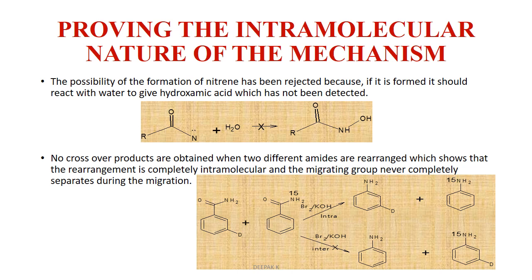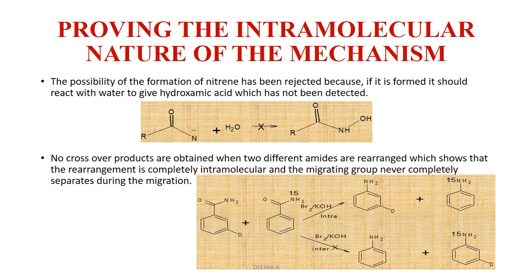So if a nitrene is formed there, it will surely react with water to give a hydroxamic acid, right? But that is not formed. So you can show that no nitrene intermediate is formed. Okay, now there is another evidence for this. Look at that reaction. There are no crossover products formed in that reaction.